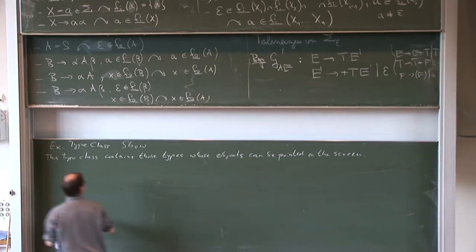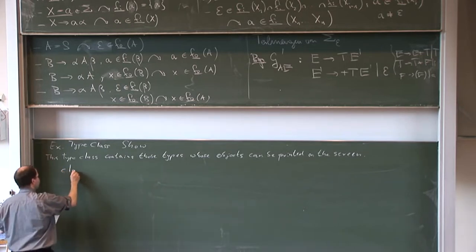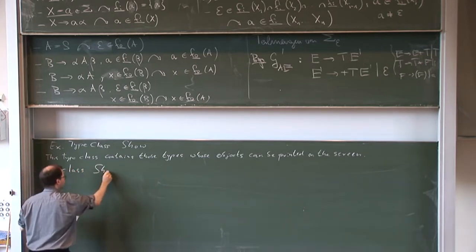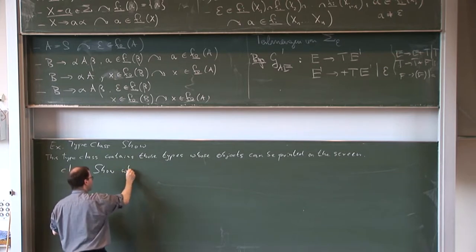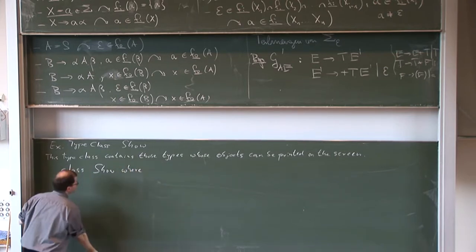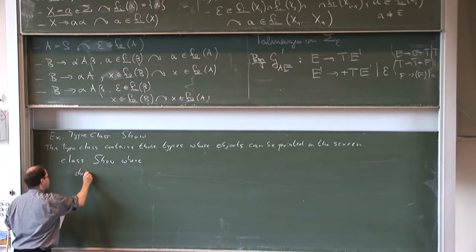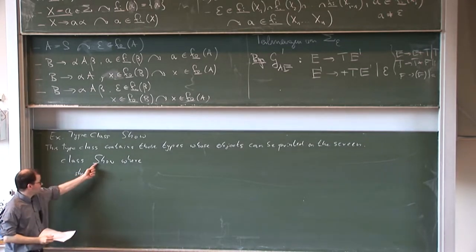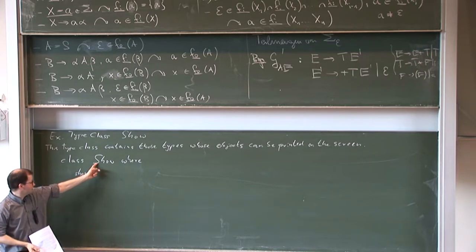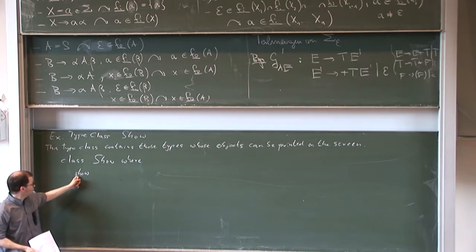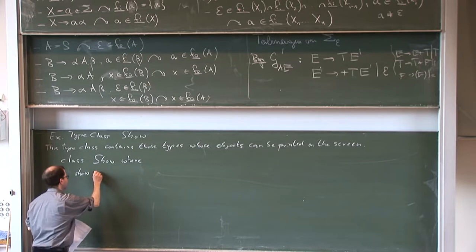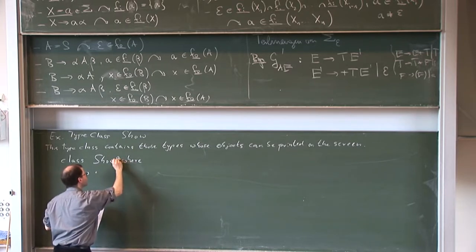So the class Show is defined like this. It is a class, and in this class there are several functions, but in particular there's a function show with small s. This is a type class, therefore it's written with a capital S. This is a function, therefore it's written with a small s. Show A, of course.